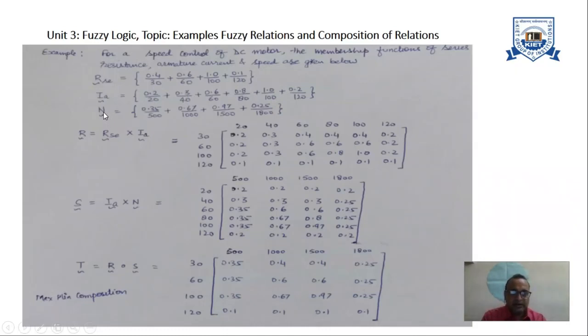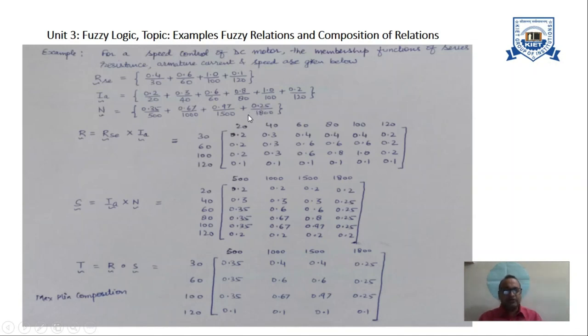And here N is the number of turns per second, so it is related to the RPM. For 500 the membership value is 0.35, for 1000 it is 0.67, for 1500 its value is like this, and for 1800 the membership value is like this.